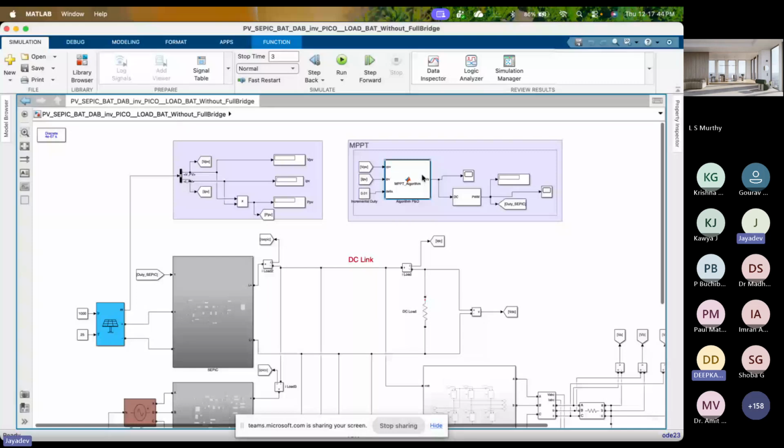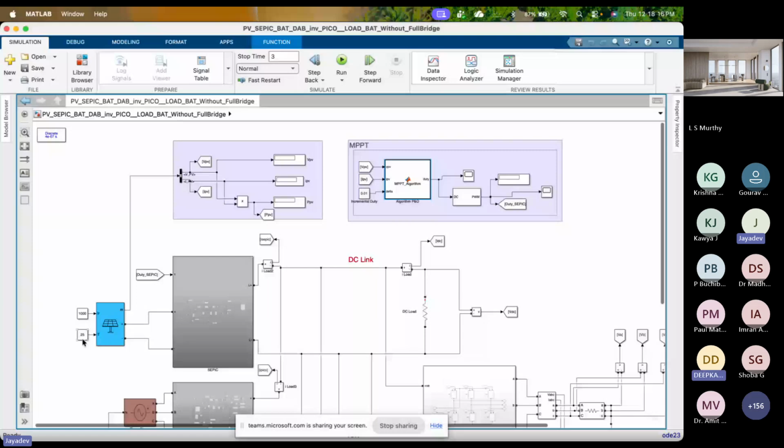Am I audible? Yes, sir. I have a question. You have considered constant irradiation and constant temperature, I guess. Yes, sir. So, is there any need for an MPPT in that case? See, first we have considered the constant value, but later we have changed the irradiation and temperature values also. That result is already taken, I will show you that result also.